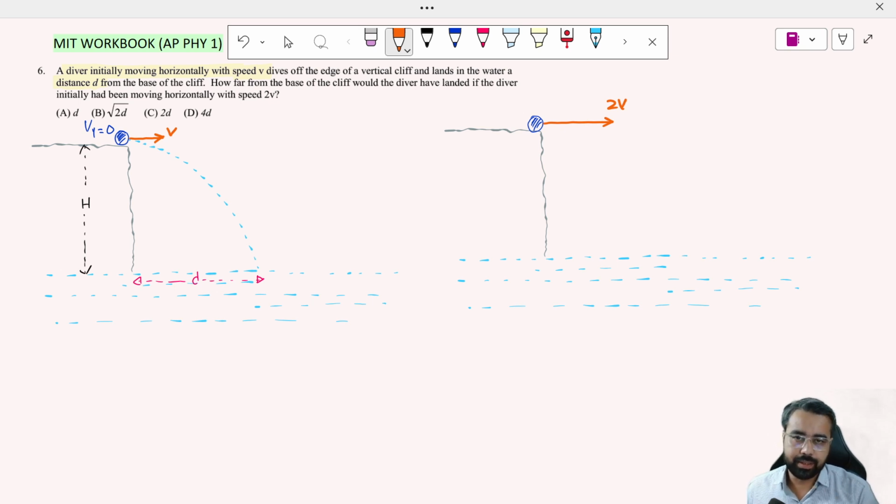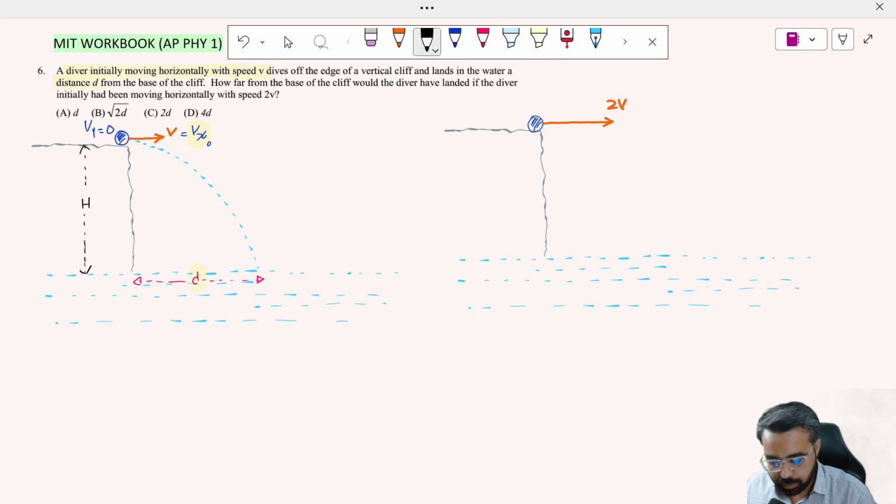As I said, this question is about horizontal projectile motion, and this is our initial velocity, which is responsible for taking the object horizontally. If we analyze this motion, we know the horizontal distance covered is d.